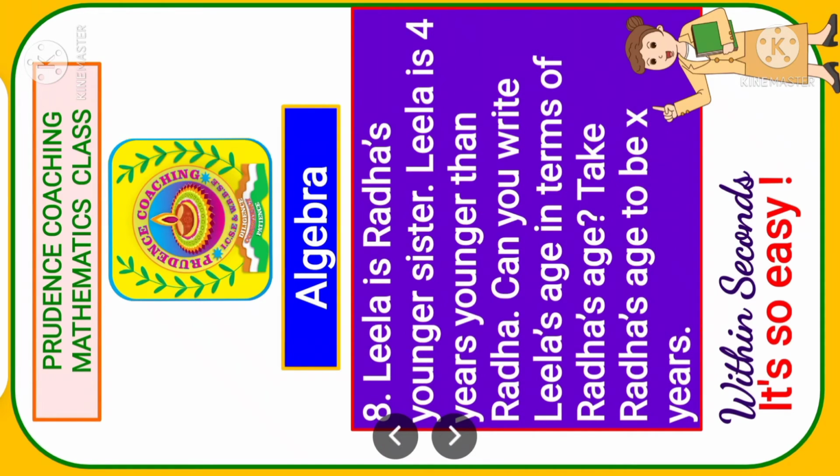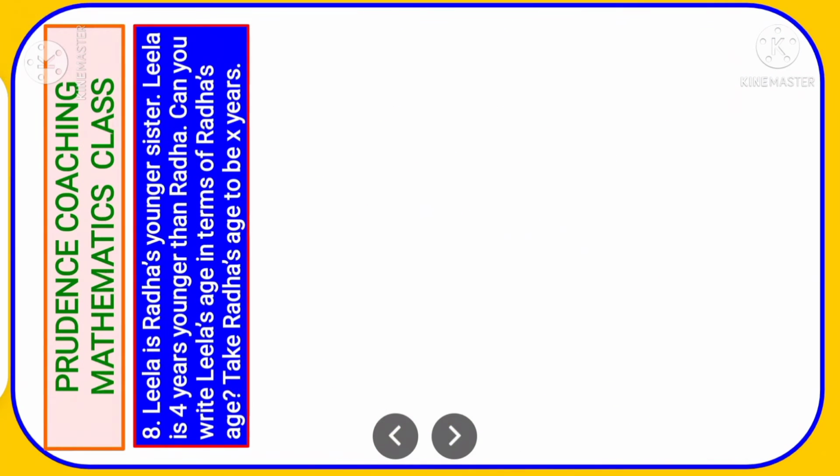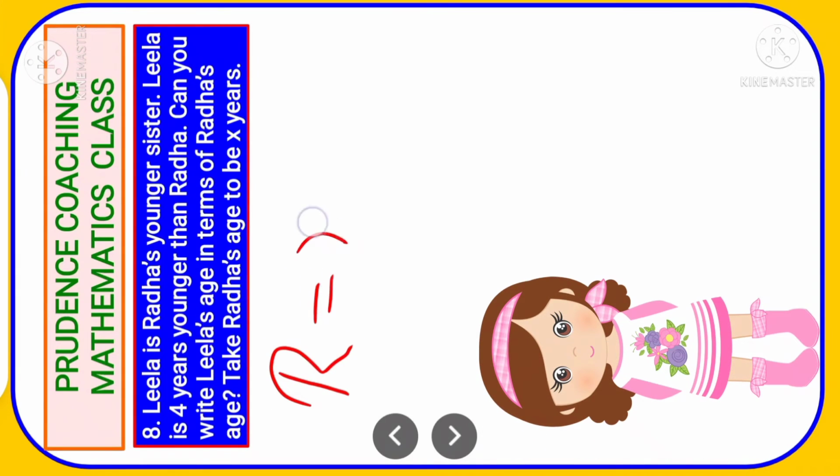So here we are given a variable x which is representing Radha's age. And here Radha's actual age is not given to us. It is a variable which is representing Radha's age, which is x years. So let us understand how we are going to solve this particular question. So first we are given Radha's age, that is x years.